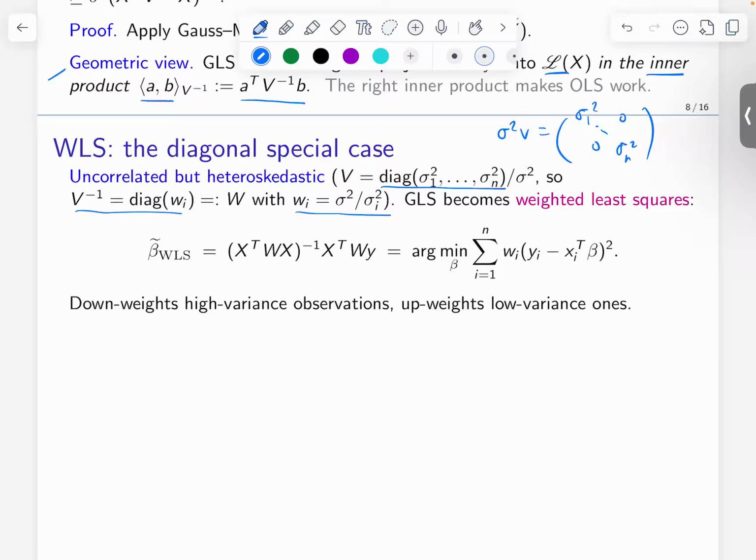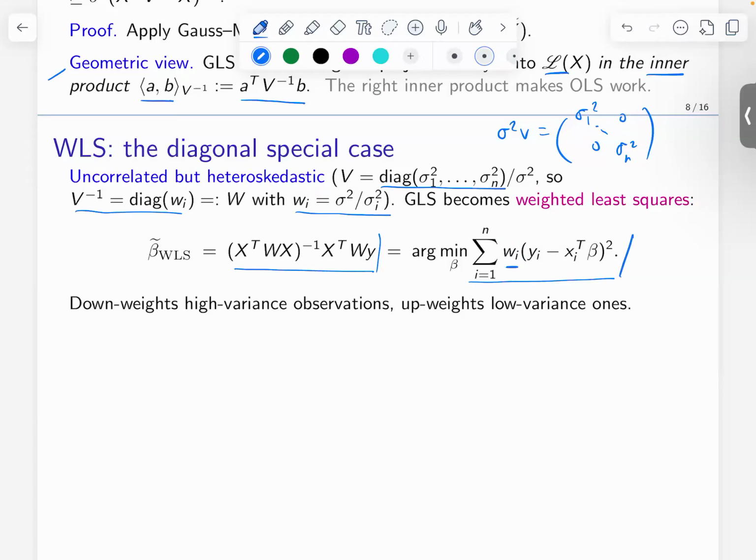And if I write down the beta tilde GLS, it would look like this. In this case we can call it weighted least squares, because you can easily show that this solution is really the argmin of a weighted least squares objective. These weights are exactly the W's that appear on the diagonal of V inverse. If the W_i's are 1, this is just the least squares cost function that we minimize to get the OLS. What this is saying is that in the diagonal case, we can equivalently write down the objective.